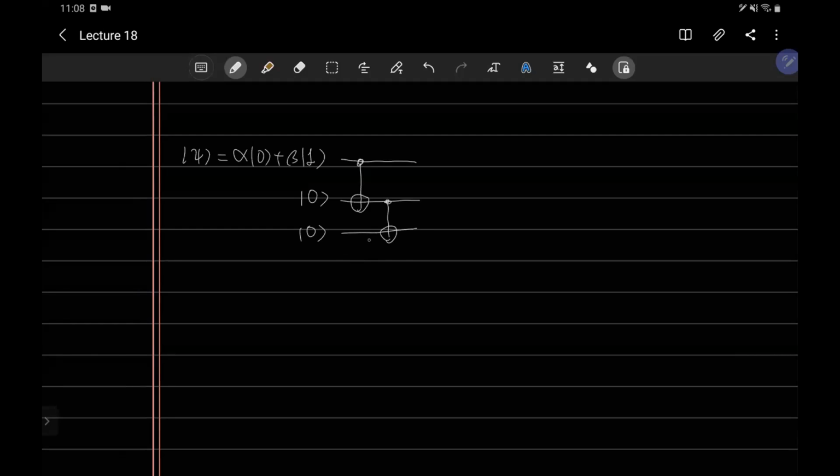We might have created this kind of 3-bit encoding, but the problem is that during the computation there might be some error happening here, and one of the bits will be flipped. Then how can we find out which bit is flipped? To discuss that, let me give you a little bit easier example.